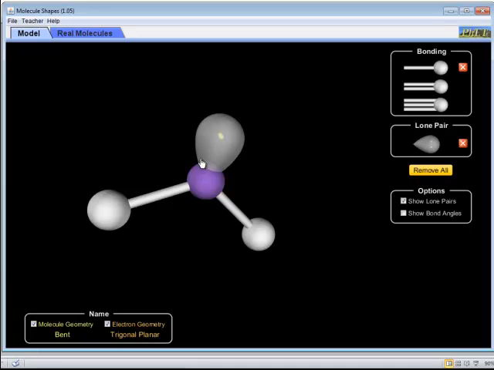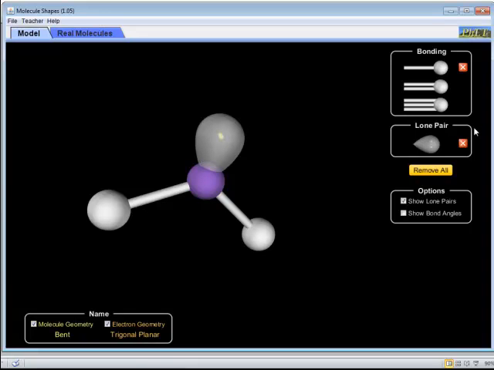Hence this lone pair of electrons occupies a larger space. The consequence is that it squeezes the 2 bonds further down because they repel very strongly. So the bond angle is not 120 degrees anymore; it becomes less than 120 degrees.